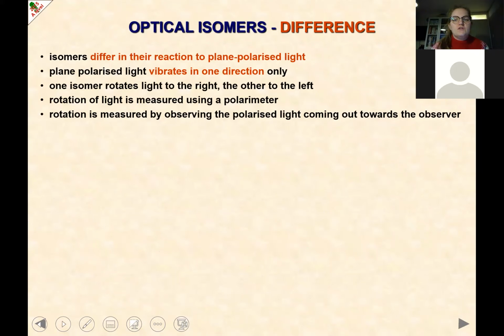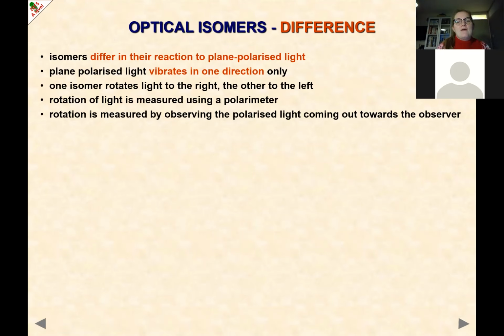So what are the differences in optical isomers? Isomers differ in their reaction to plane polarized light, which is what we spoke about before. Plane polarized light vibrates in one direction only, and optical isomers are able to rotate this light to the right or to the left, depending on the optical isomer.